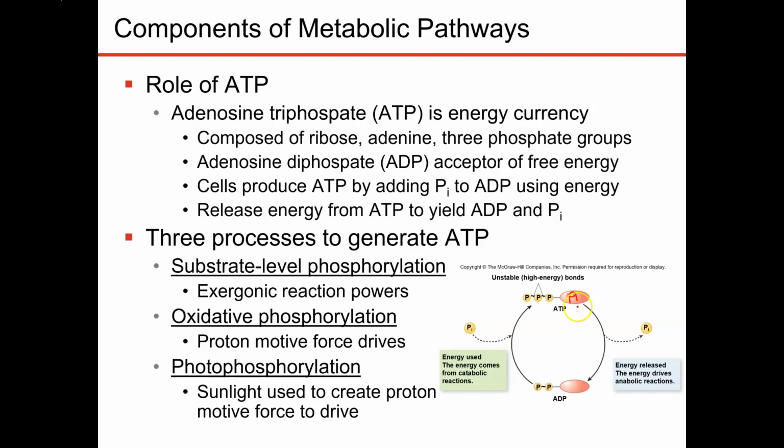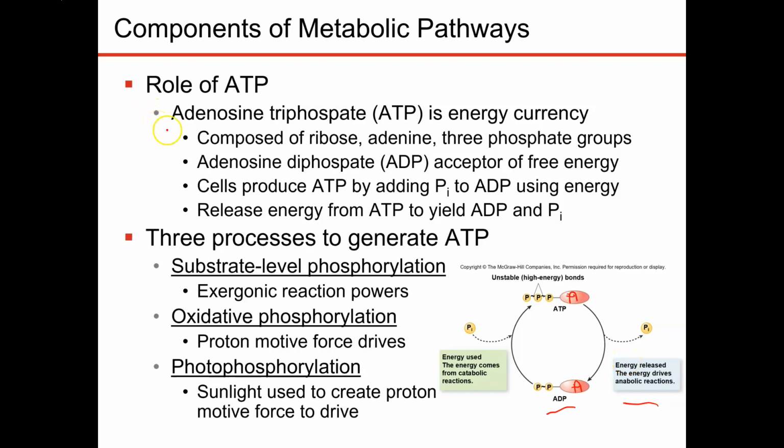When ATP is broken down, it releases energy and becomes ADP, adenosine diphosphate. We can always build it back up. Building it up would be an anabolic reaction. Breaking it down, catabolic reaction. Building it up, endergonic reaction. Breaking it down, exergonic reaction.